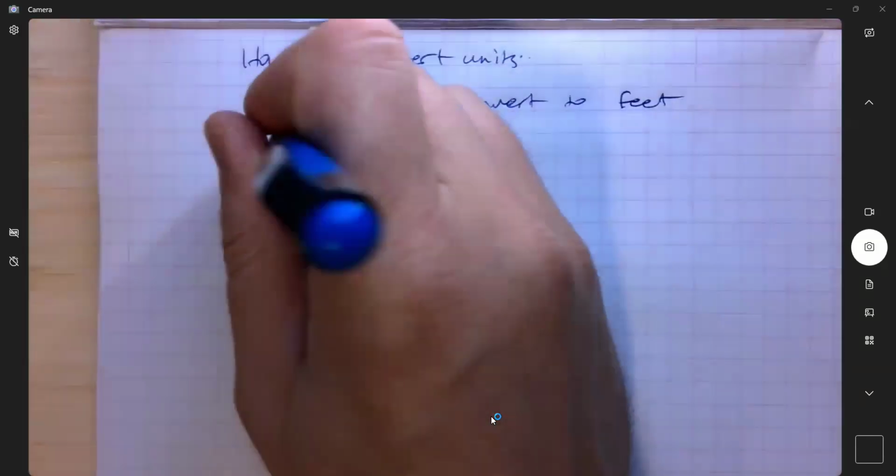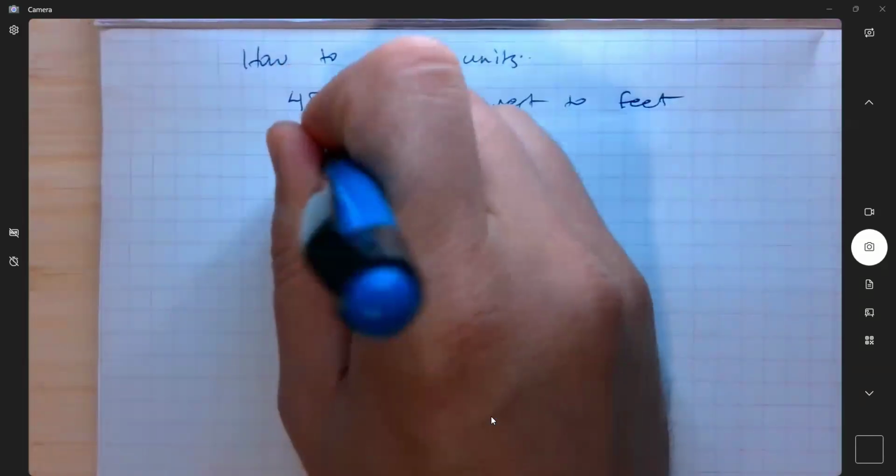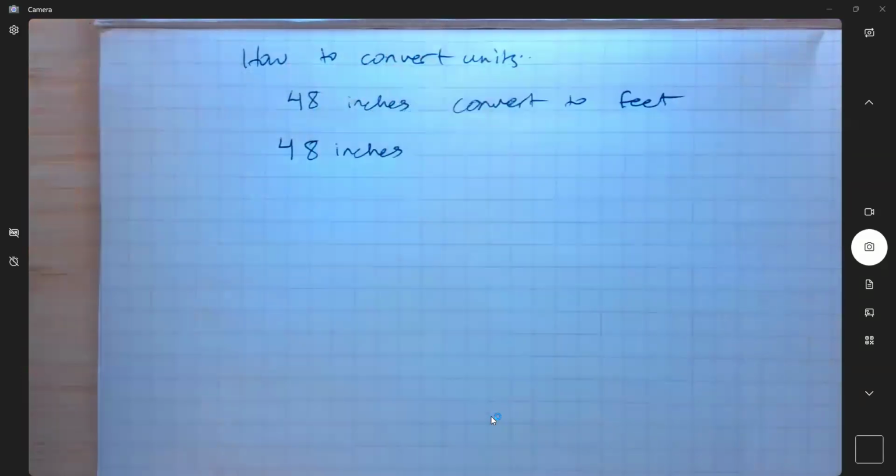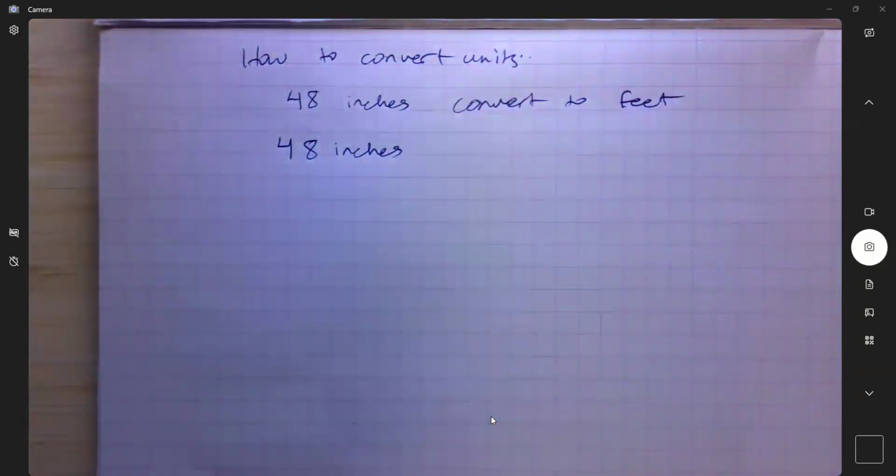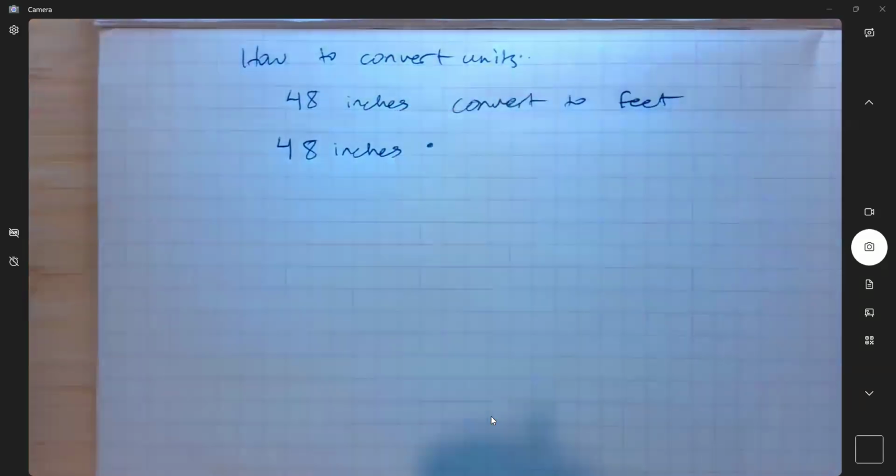So the way I recommend is you write down your initial amount and then you multiply it by your conversion factor.